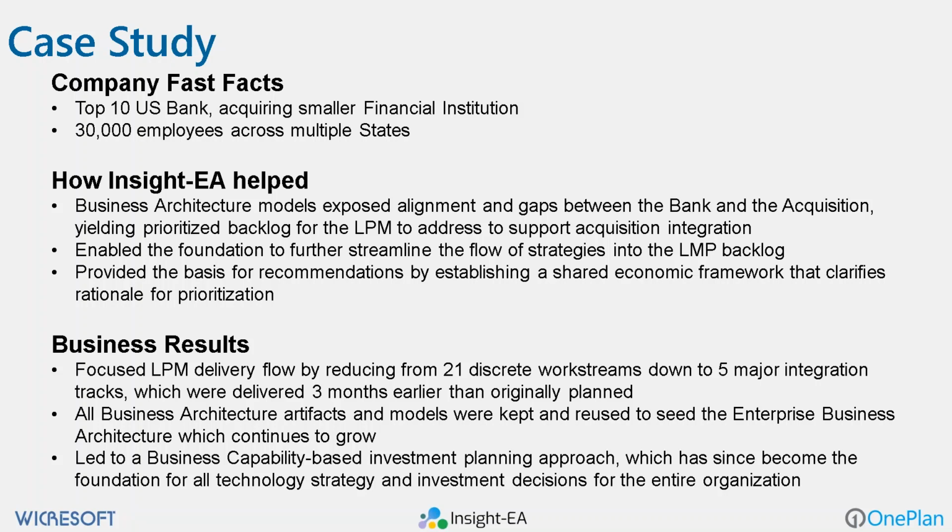So, what came out of it? That clarity, when you lay out the first plan, we thought maybe 21 different discrete work streams would be needed, and a lot of calendar time to get it done. But being able to identify the gaps, having the clarity to understand where the overlaps were, where the strengths and weaknesses were, that was reduced from 21 discrete work streams down to 5, and trimmed 3 months of calendar time from the overall plan.